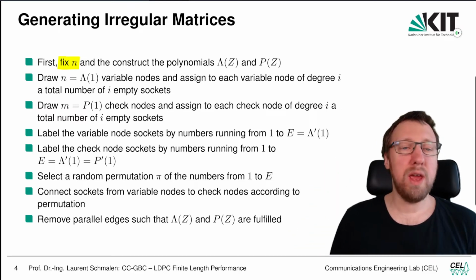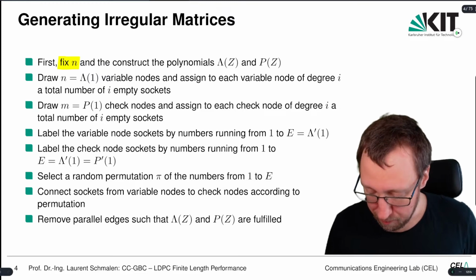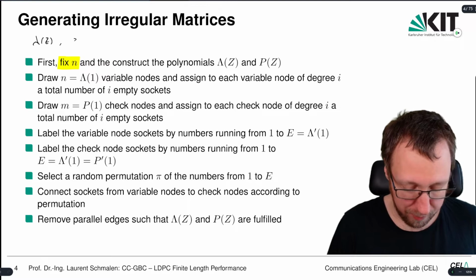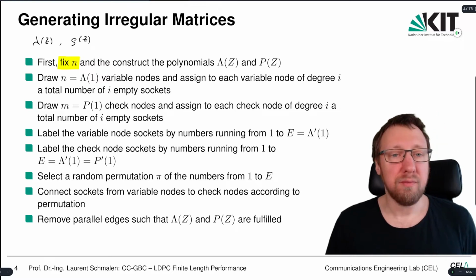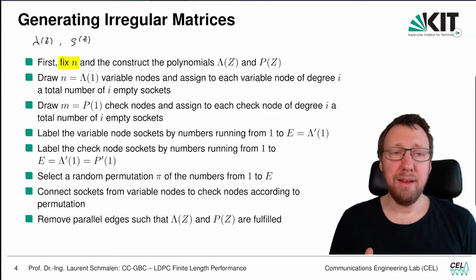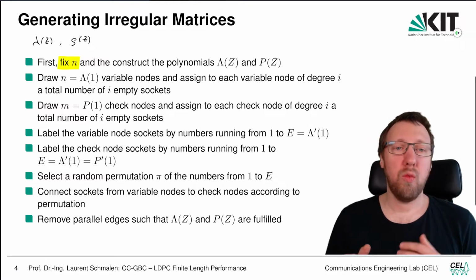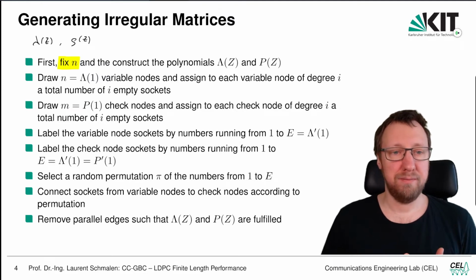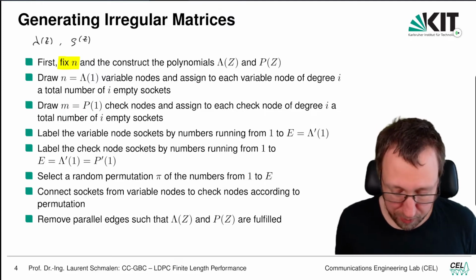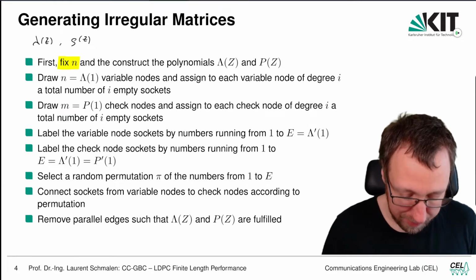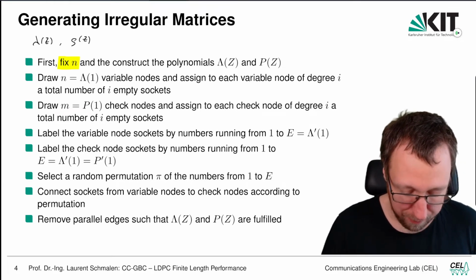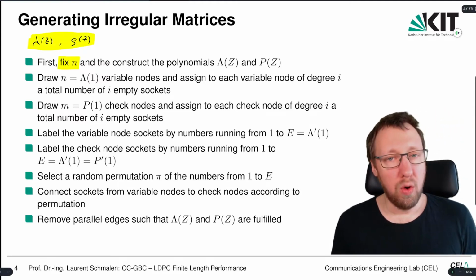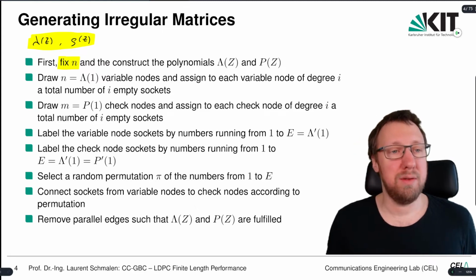And then we have some degree distribution polynomials. For instance, we have lambda of z and we have rho of z. And we have n, and in order to construct the code, we need the polynomials capital Lambda of z and capital P of z. So how do we get those? Well, recall that lambda of z and rho of z are usually given, and we know how to calculate capital Lambda of z.